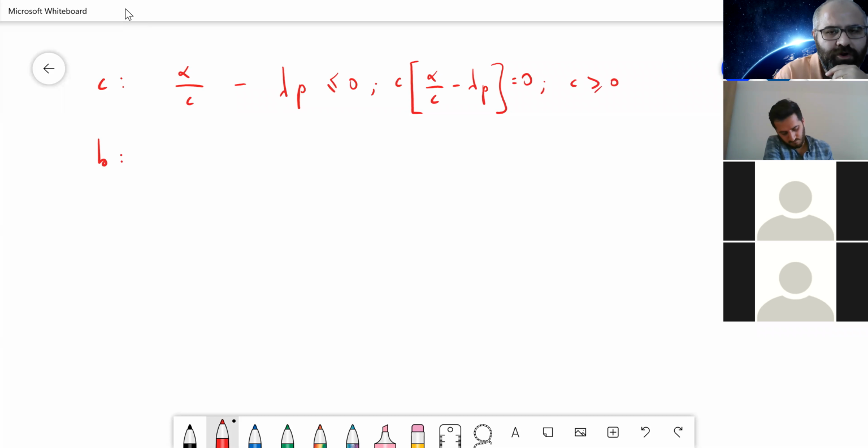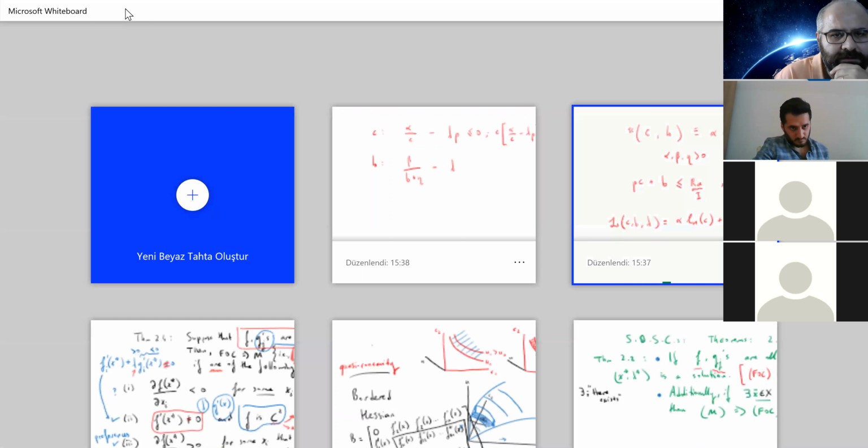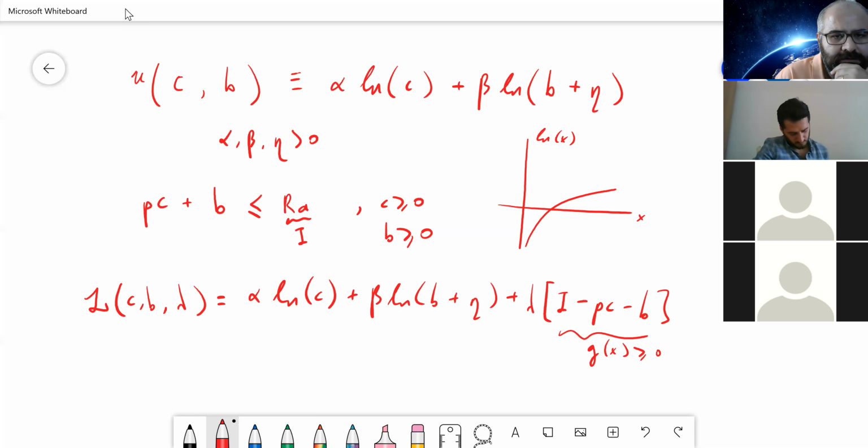Now I am dropping all the stars, okay? I'm dropping all the stars for simplicity. Then we have beta divided by b plus eta, okay, minus lambda, right?